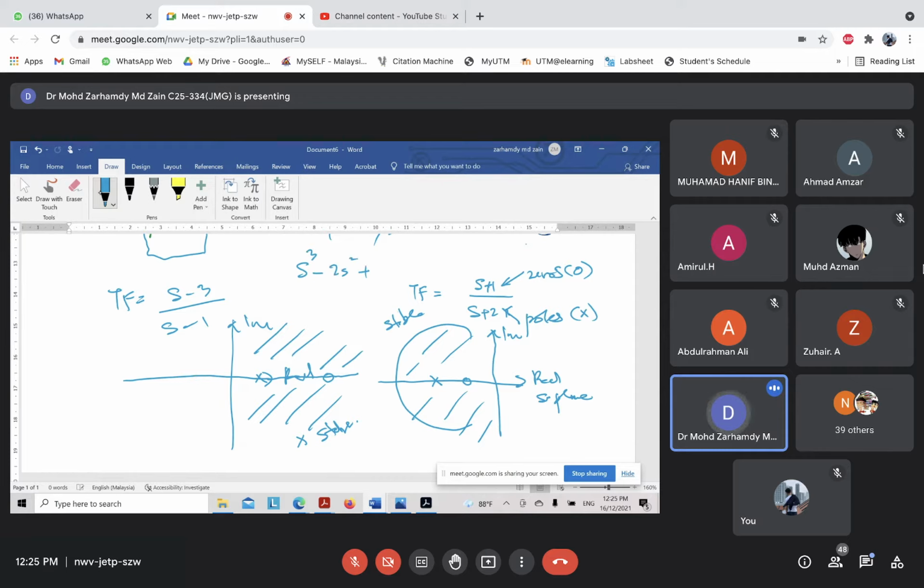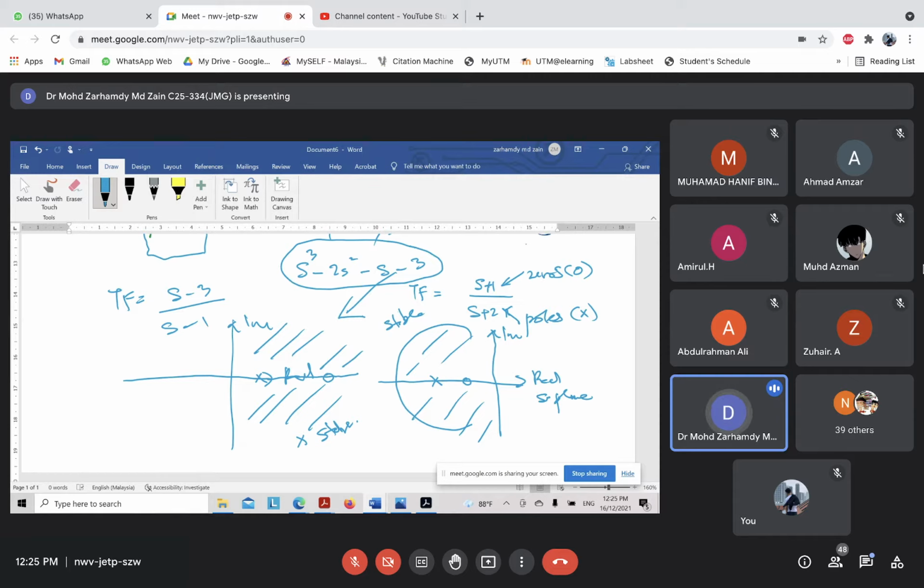Now, for example, if we have S power of 3 negative 2S square plus 7, katalah we have S minus 3. Kalau kita lihat sini indirectly, cara tak langsung ni, directly what we get is this is the model of unstable condition.